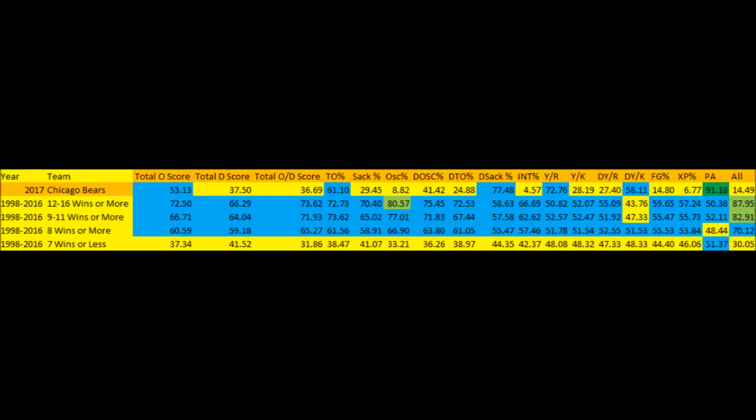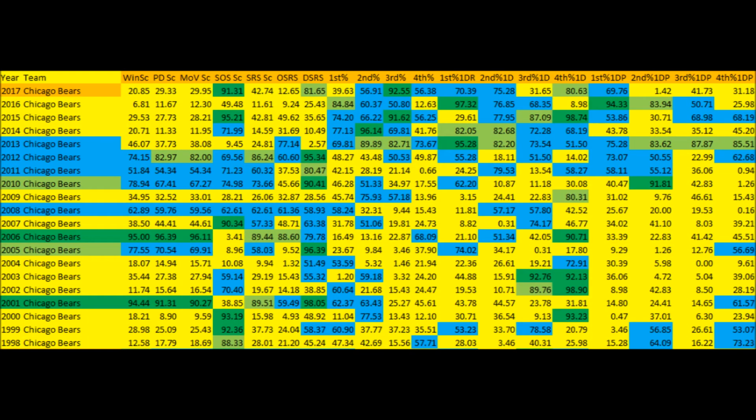Now, when you look at some other data points, I'm giving you more data: stuff like point differential, margin of victory, strength of schedule.